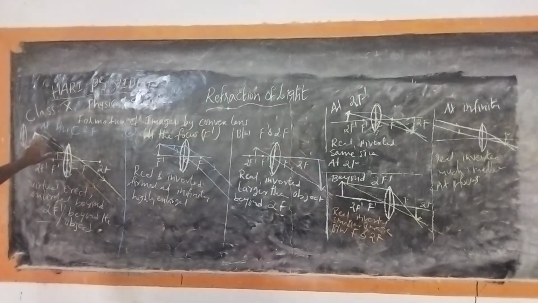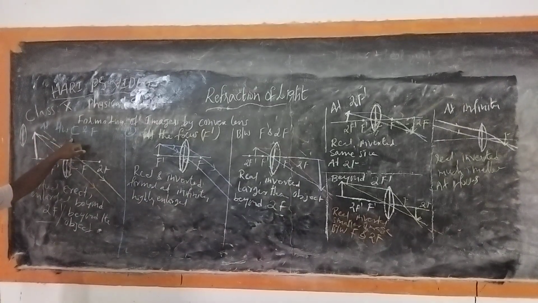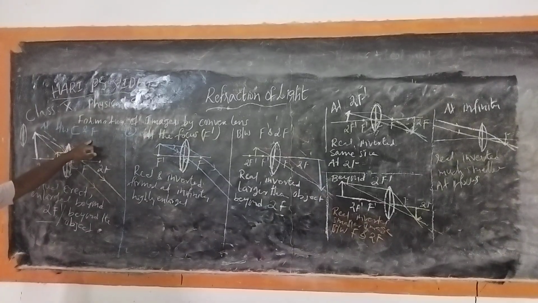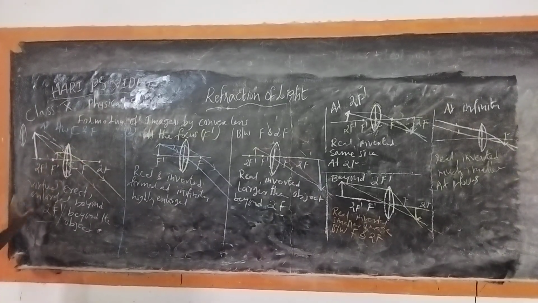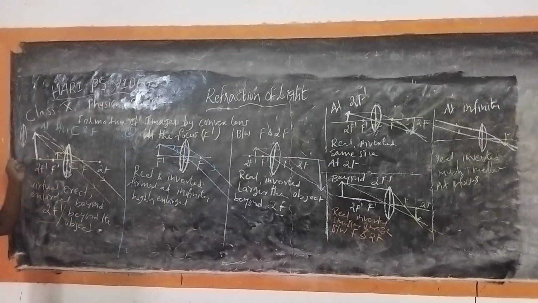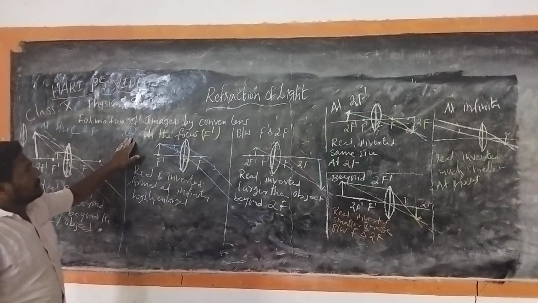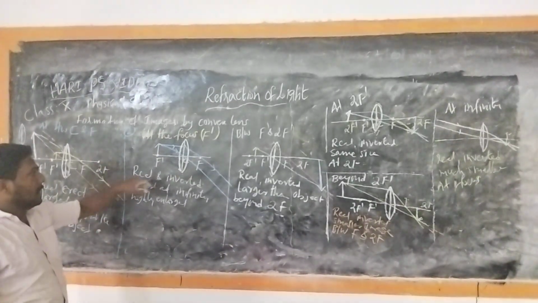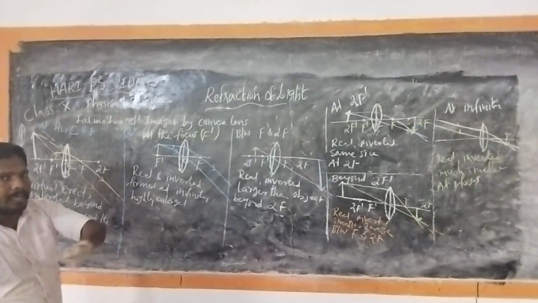Between C and F, where C is the optic center and F the focus, the image is virtual and enlarged, on the same side as the object. If the object is at the focus, the image is formed at infinity, real and inverted, highly enlarged.